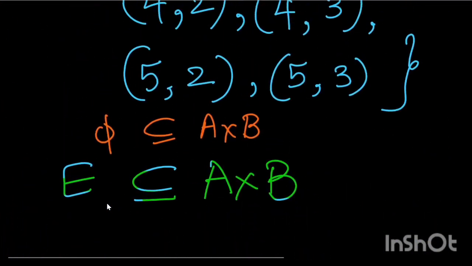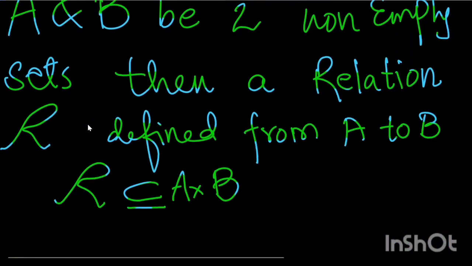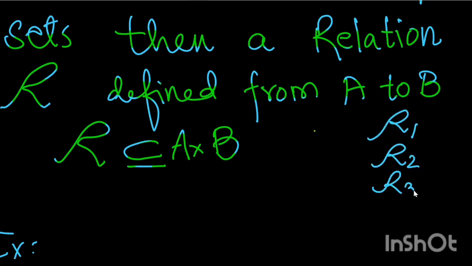So if I ask you, is E a relation from A to B? Yes, E is a relation from A to B. Before that, specific relations can be defined, denoted by letters like R1, R2, R3, and so on.